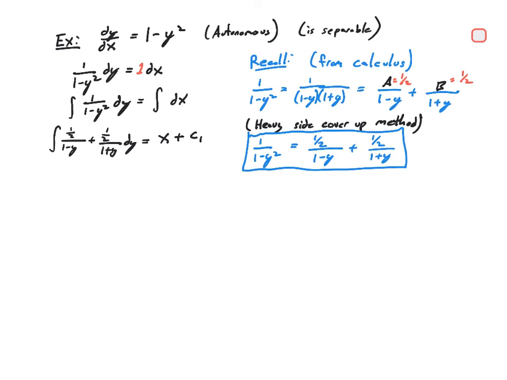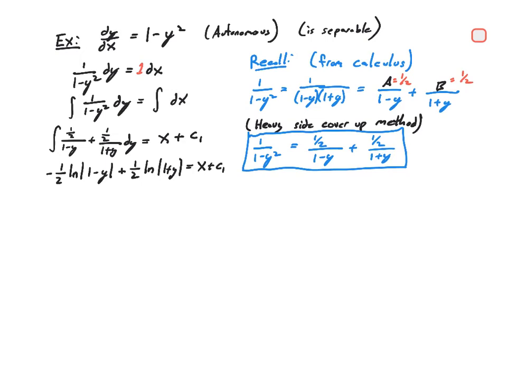Now on the left hand side, I can factor out a 1/2 from both of these terms and just integrate. I'm going to have -1/2 times the natural log of the absolute value of 1 minus y plus 1/2 times the natural log of 1 plus y is equal to x plus a constant.